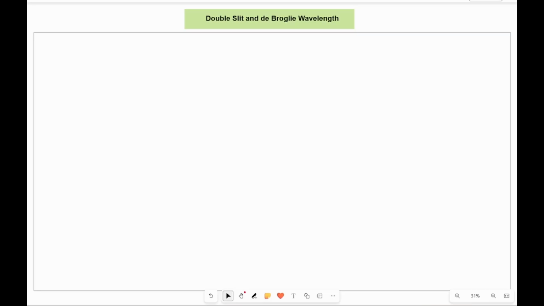And so essentially what we have is some sort of launcher gun that is firing particles or photons out. And then we have some double slit, and the distance between the slits would be D. Then we have some sort of detector. There'd be like some distance L here.